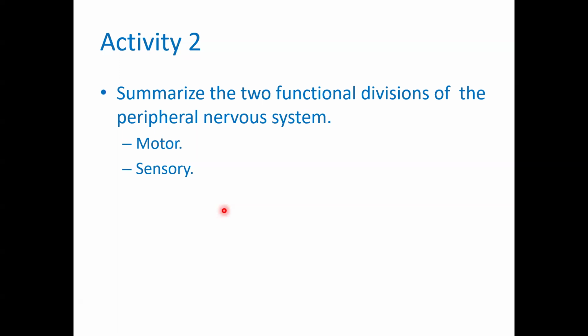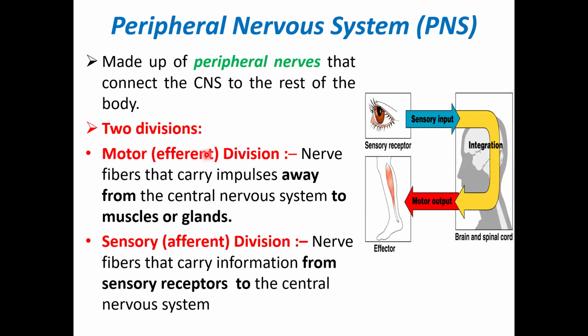Activity number 2, summarize the 2 functional divisions of the peripheral nervous system, which are the motor and sensory divisions. Actually, the peripheral nervous system is classified into 2 divisions, motor and sensory. As I mentioned just before, the peripheral nervous system connects the central nervous system to the rest of the body. We further subdivide it into 2 categories.